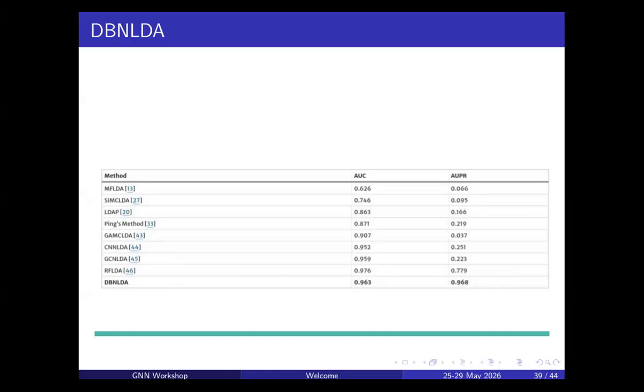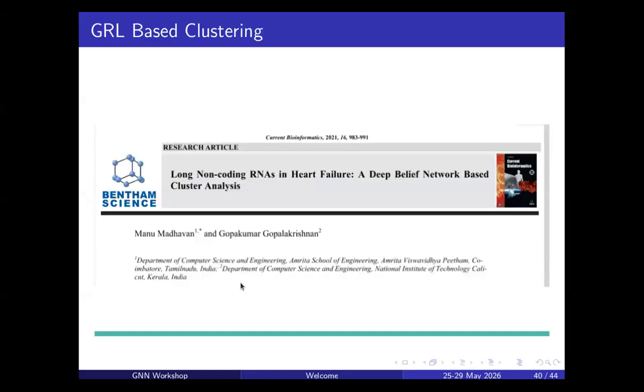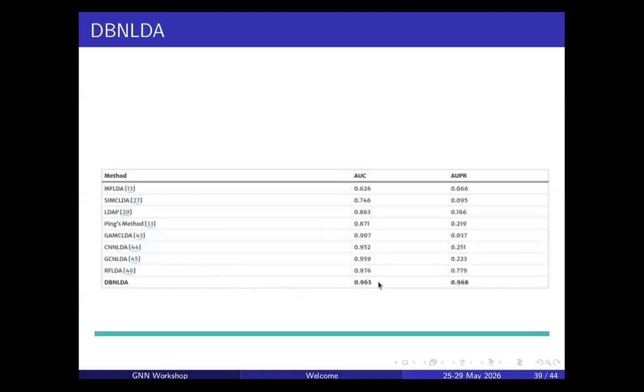At that time, we got a result of around 0.963, which is very comparable to RFLDA. But the most important part is that the area under the precision-recall curve is very high compared to most of the state of the art models.